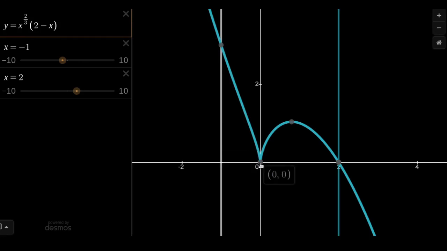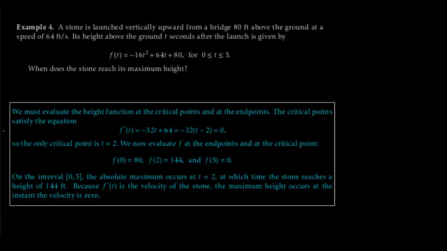Similarly, we have our two lowest points at 0 and at 2, and both of those have values of 0. So our work is right. We calculated this without even ever knowing what the graph of the function looked like. Pretty cool. Okay, let's do one final example, this time with a little bit of a real-world vibe.